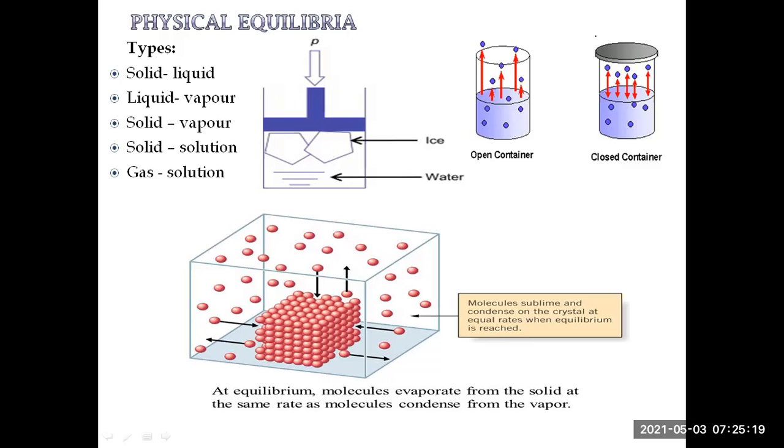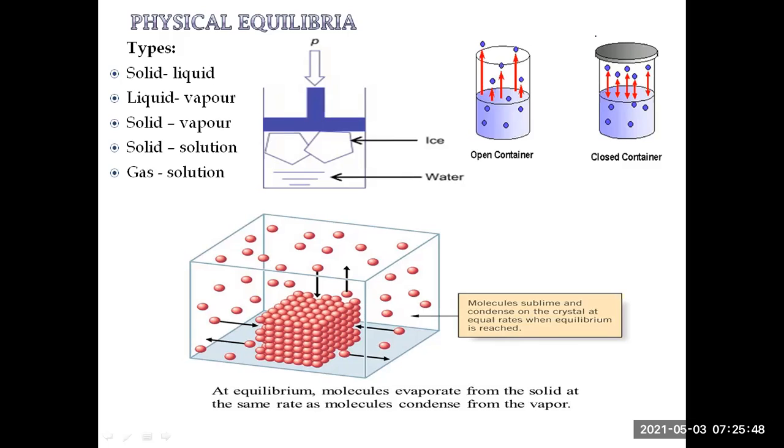They just directly convert into vapors. So when you take some camphor in a closed container, the camphor directly converts to vapors without entering into the liquid state. So the gaseous state now has some camphor molecules. As solid converts to more and more camphor molecules in the gaseous state, the pressure increases in the gaseous state.